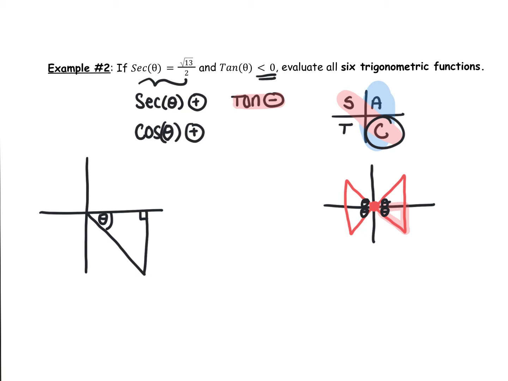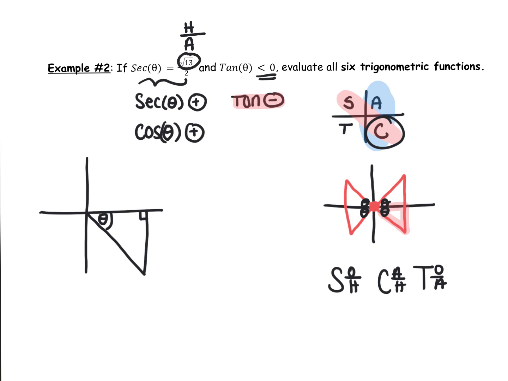So one other thing that we need is SOHCAHTOA one last time. So we've got SOH, CAH, and then TOA. So in the first part, they tell us that secant is rad 13 over 2. We know that secant's the reciprocal of cos. So if cosine is adjacent over hypotenuse, then this must mean that secant is hypotenuse over adjacent.